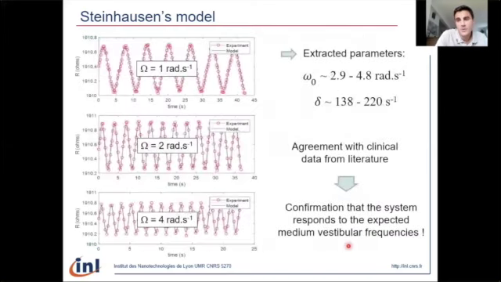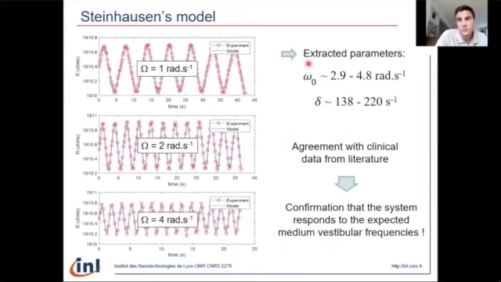So we have compared our data to this basic model at 3 different angular frequencies, ranging from 1 radian per second to 4 radian per second. We could get a fairly good agreement between our data and the model at the 3 different tested frequencies.